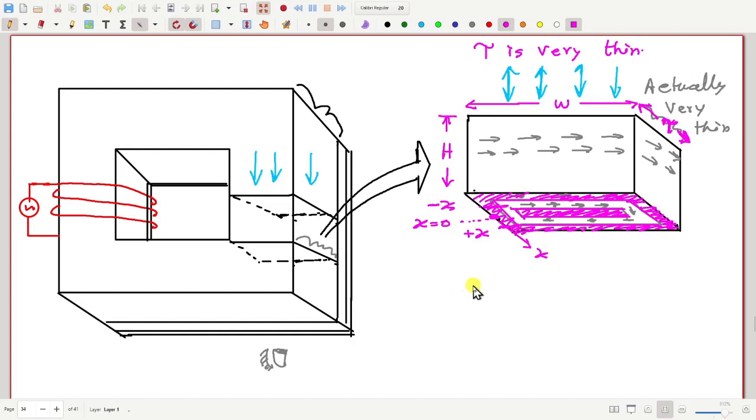Now the first question is, how much is the flux going through the interior of this track? Okay, so these flux lines, how much is the flux going through the inside of this track or this loop?